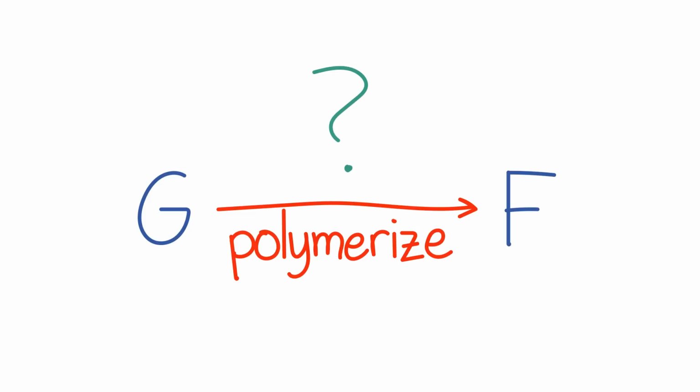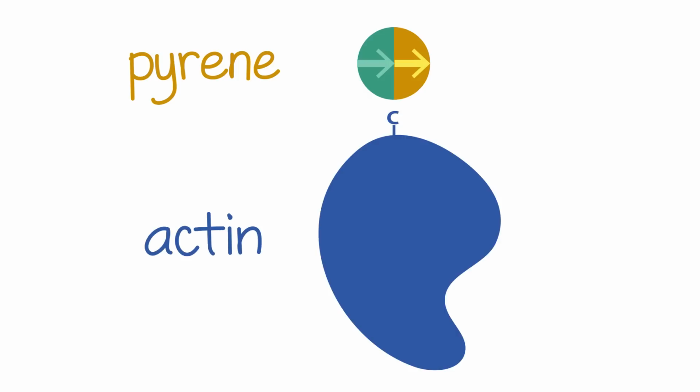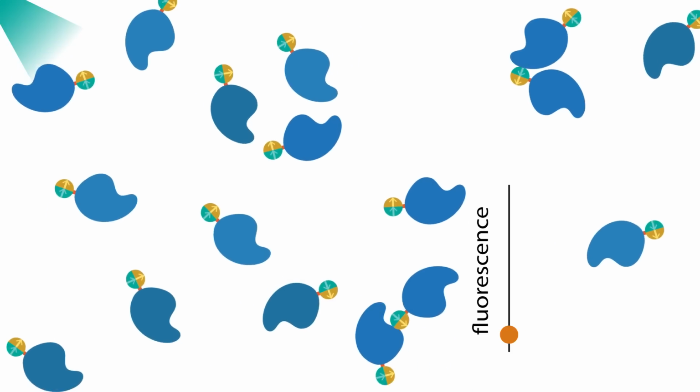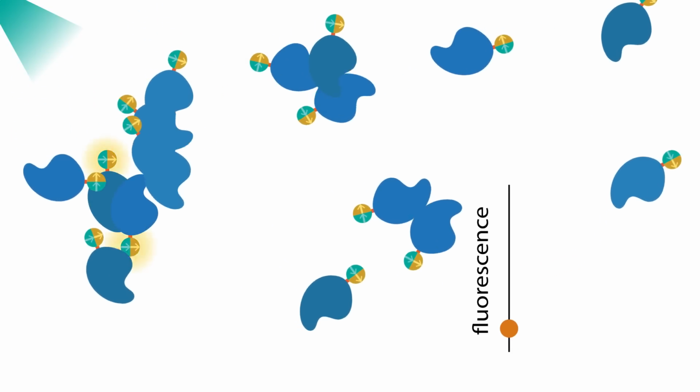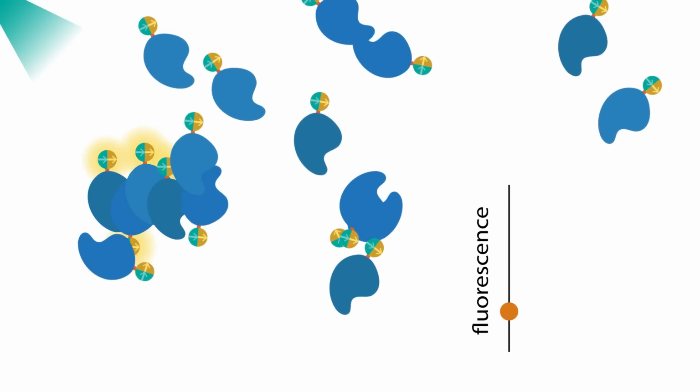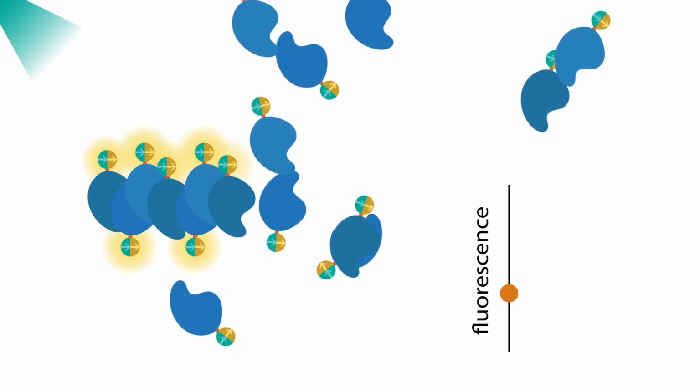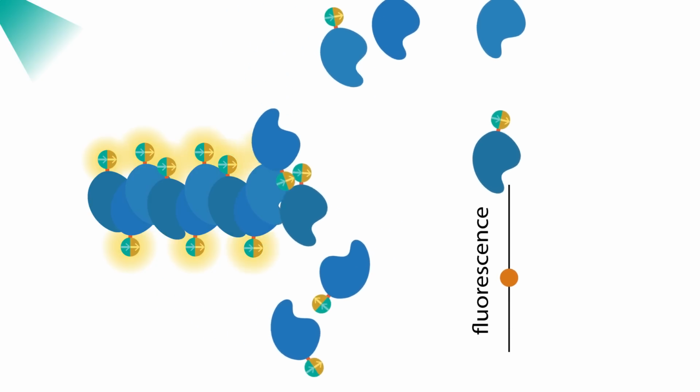Next, you need a way to determine whether the G-actin subunits have polymerized into F-actin. To do this, you can covalently attach pyrene, a fluorescent molecule, to a cysteine in actin by performing a chemical reaction. We know that pyrene-labeled G-actin is still able to polymerize, and that polymerization greatly enhances the pyrene fluorescence.